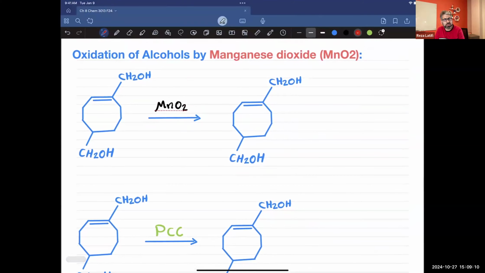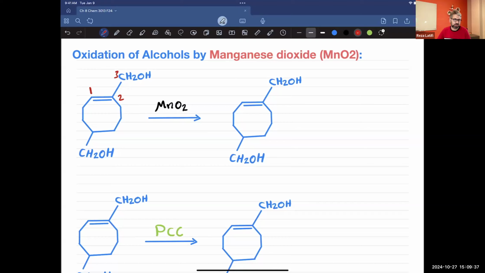Okay. Another mild reagent will be manganese dioxide. Manganese dioxide will go only after allylic alcohol. And what's the allylic alcohol? We have a carbon. Let's start, for example, from here. 1, 2, 3. On the third carbon, the one that is conjugate with the double bond, we have OH.